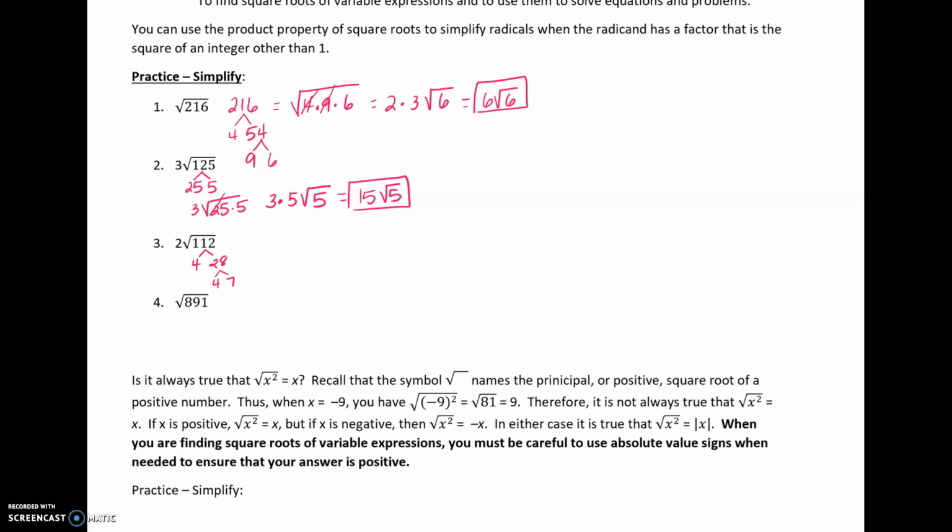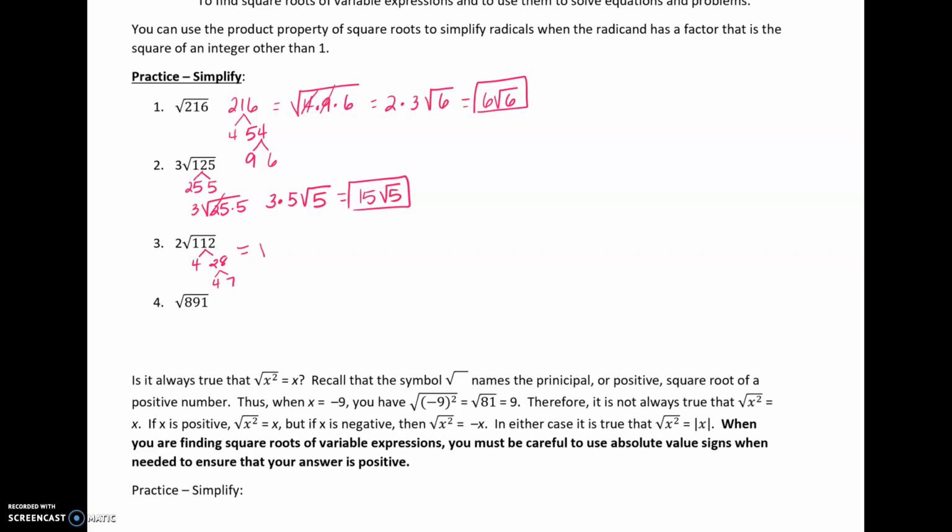Again, you might have chosen different factors like 16 times 7 instead of 4 times 28 and then broke that down again. It doesn't mean that the way I'm doing it is the only way you can do it, but you are trying to use some of your perfect square factors to make it easier when you simplify.